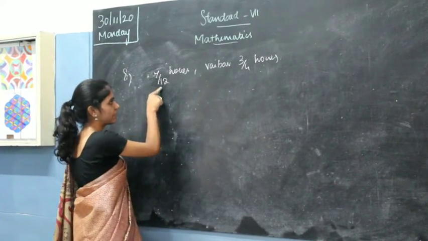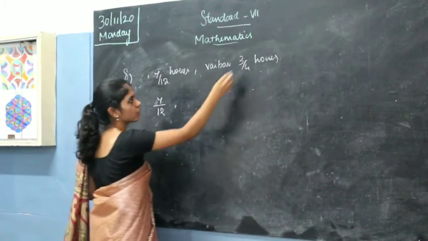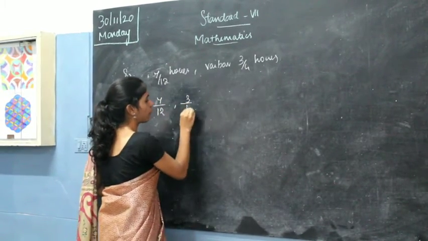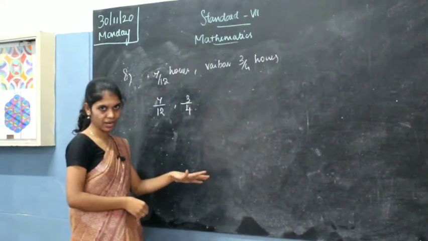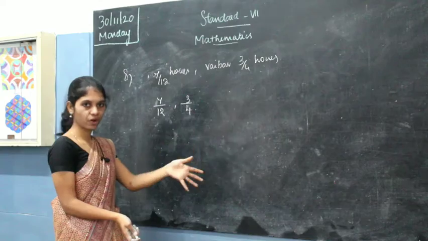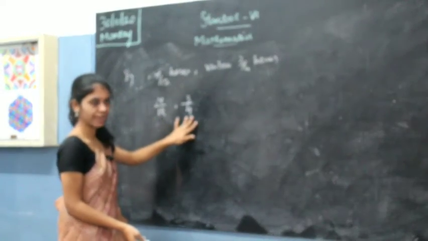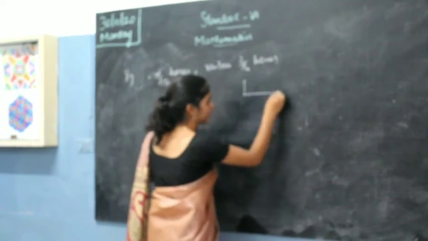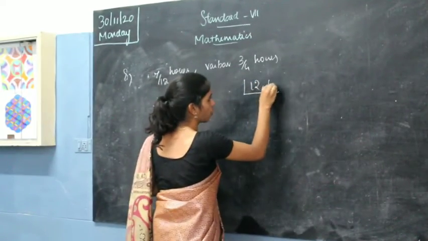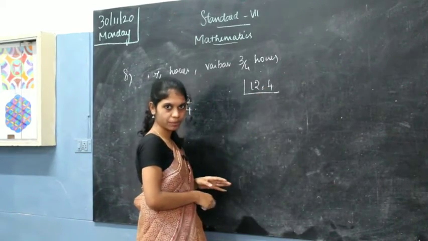Now here 7 by 12 and here you have 3 by 4. We have to convert this into like fractions to compare this so that we can see who worked for longer. Now here you have 12 and here you have 4, right? LCM of 12 and 4. You can see both 12 and 4 can be divided by 4.